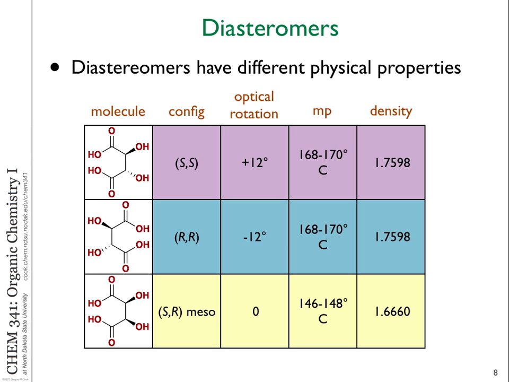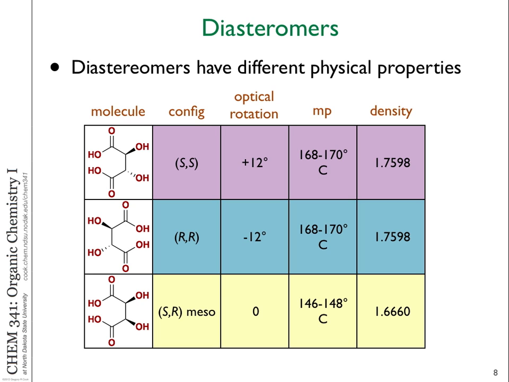You have to have some kind of interaction with other matter which interacts differently with those substances, right? So if you have a molecule whose physical properties are essentially the same, the same melting point, the same density, the same solubility in different solvents, you can't separate them based on physical properties. You can't isolate those molecules.